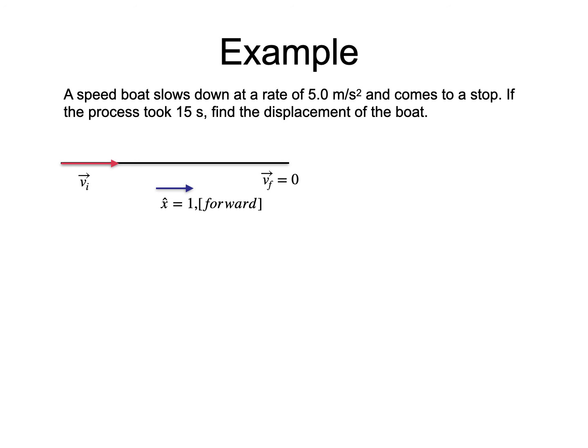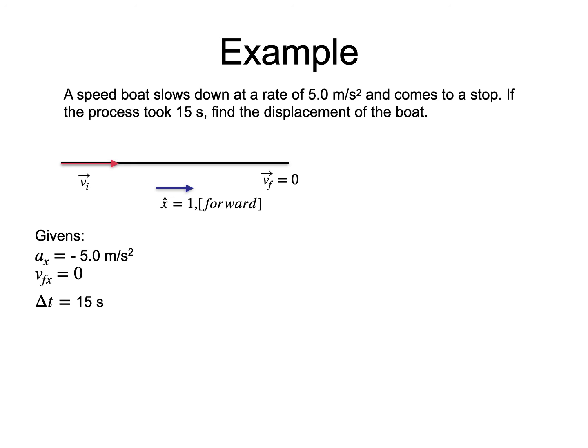Since the x component of the velocity is positive, the x component of the acceleration will need to be negative, which means that ax equals minus 5 meters per second squared. The boat comes to a stop, so Vfx is 0, and the duration of the time interval is 15 seconds.